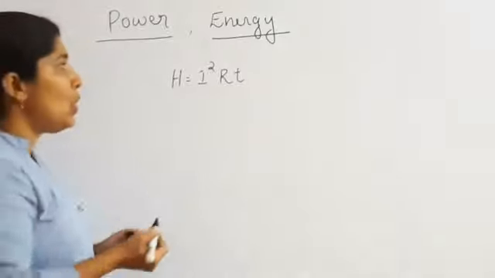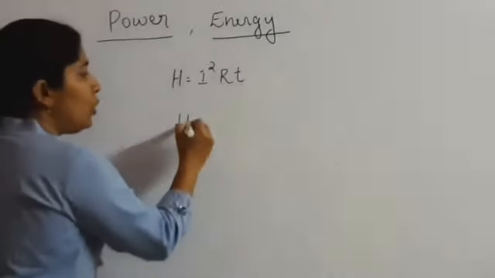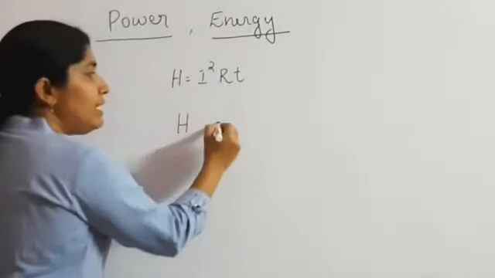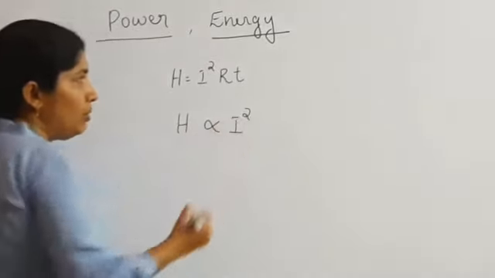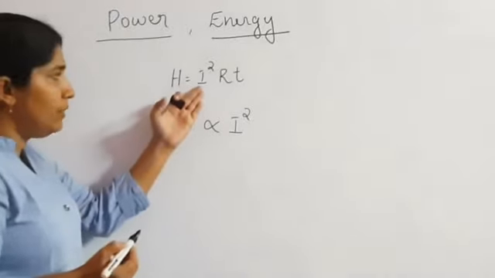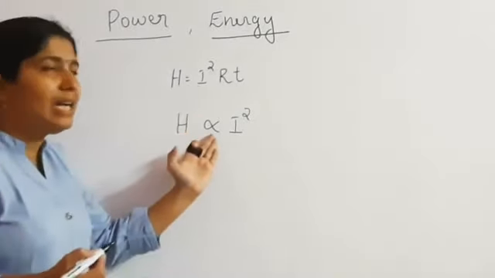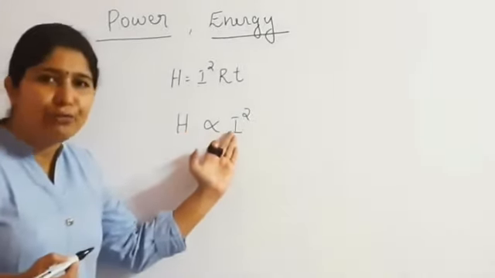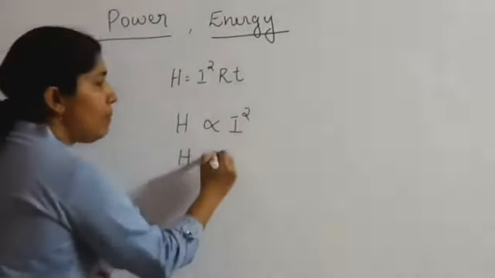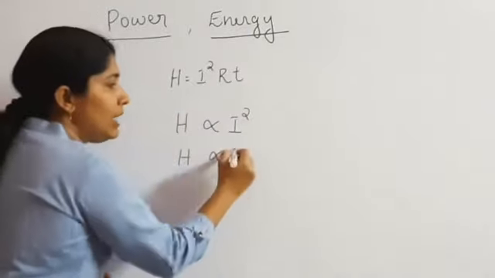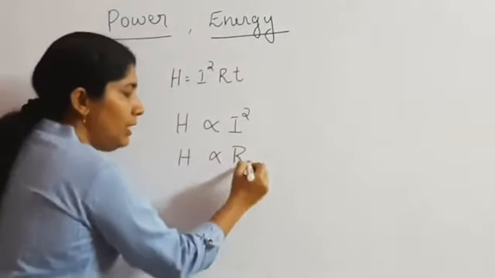According to Joule's law, heating effect produced in a conductor is directly proportional to square of the current. That's the first term. Heating effect is directly proportional to square of the current. And again, heating effect is directly proportional to the second term, that is the resistance of the conductor.